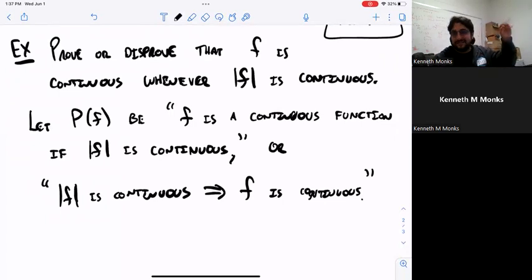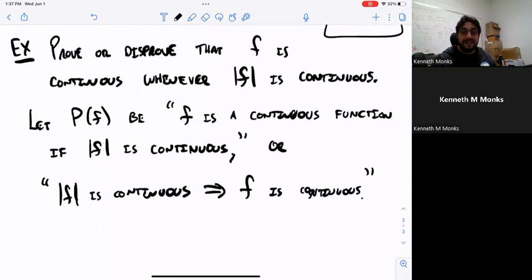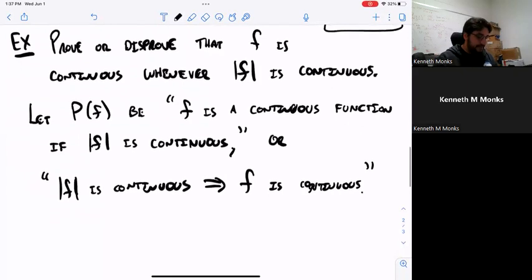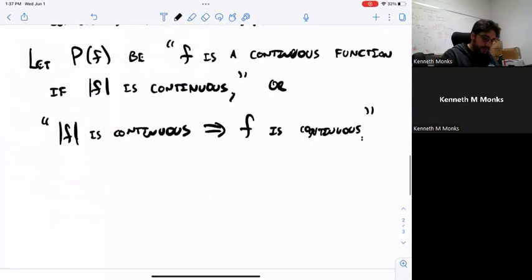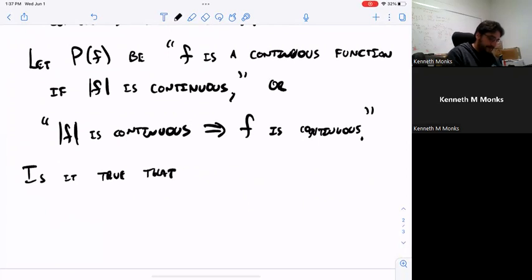We tend to decorate our sentences with words like always that indicate quantifiers. So we're saying, can you always conclude for all functions f that just because absolute value of f was continuous, then f itself must necessarily be continuous, right?